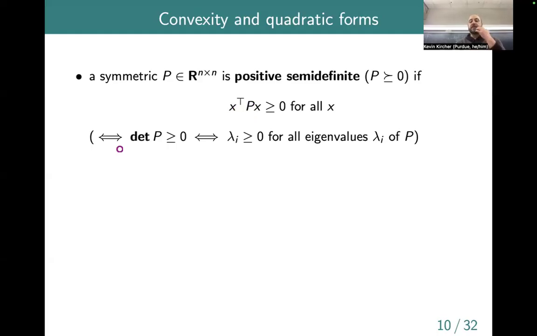I won't go through all the proofs, but you can show that P being positive semi-definite is equivalent to the determinant of P being non-negative. P is a square matrix, so the determinant is well-defined, and it is a scalar. That's also equivalent to all the eigenvalues of P being non-negative.